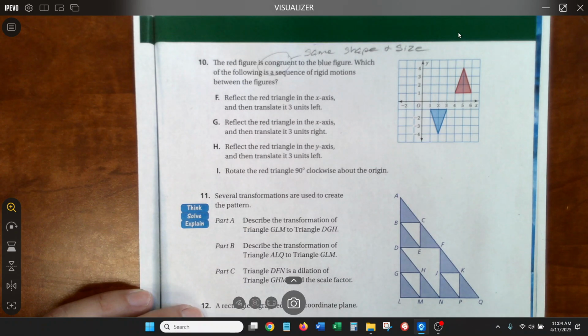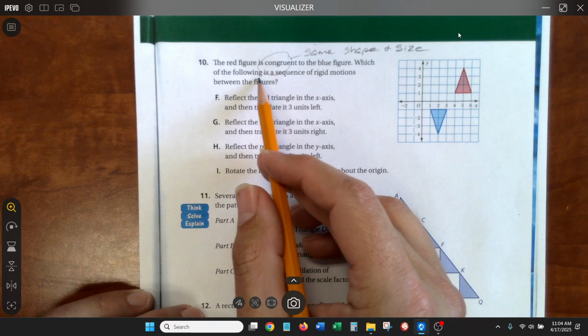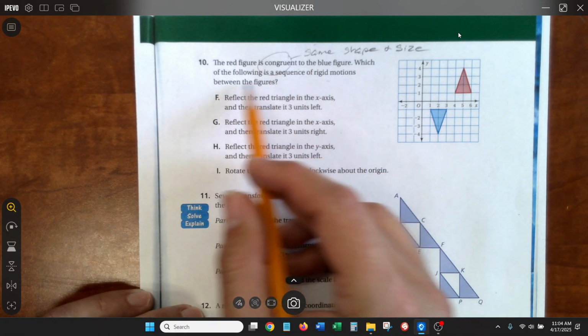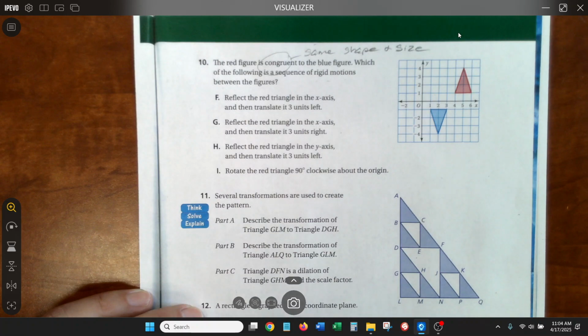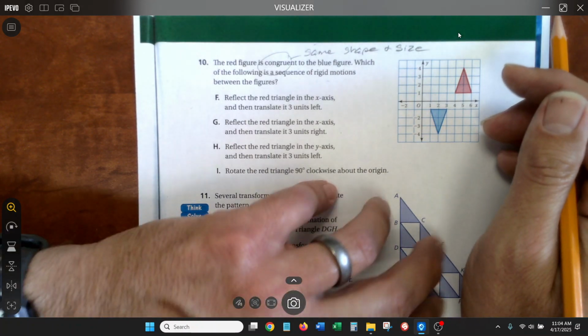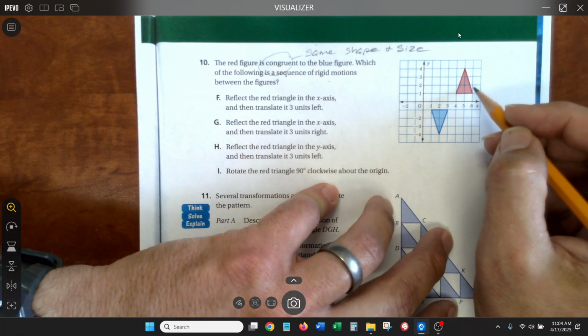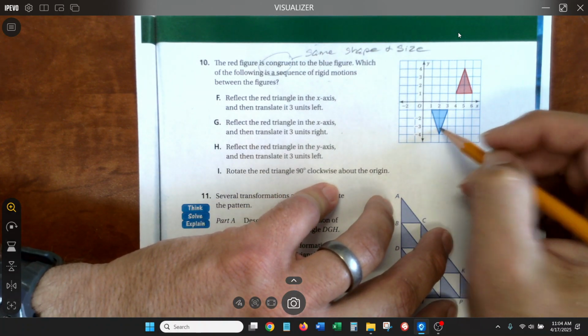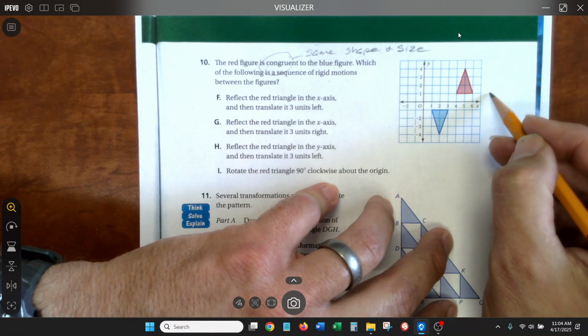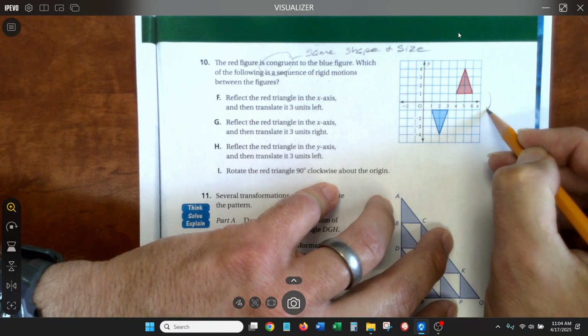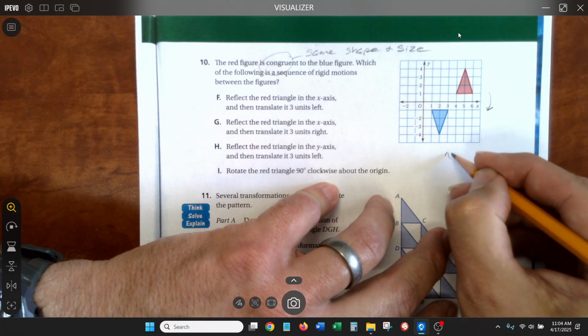The question is, which of the following is a sequence of rigid motions between the figures? Rigid motions. So a transformation. So going from red to blue, to get from red to blue, we reflect across the x-axis. So that is an x-axis reflection.